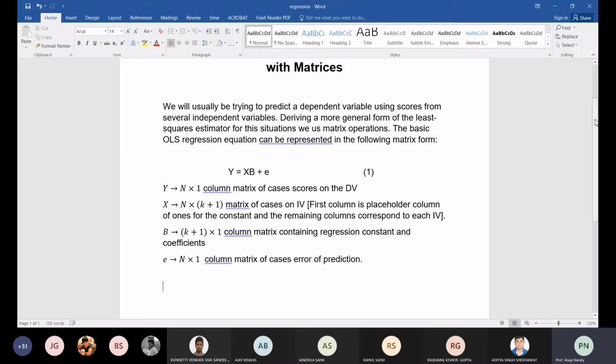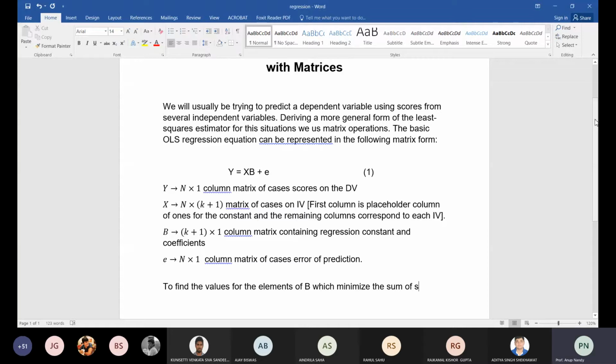So here also you need to find the values for the elements of B which minimize the sum of squared errors.